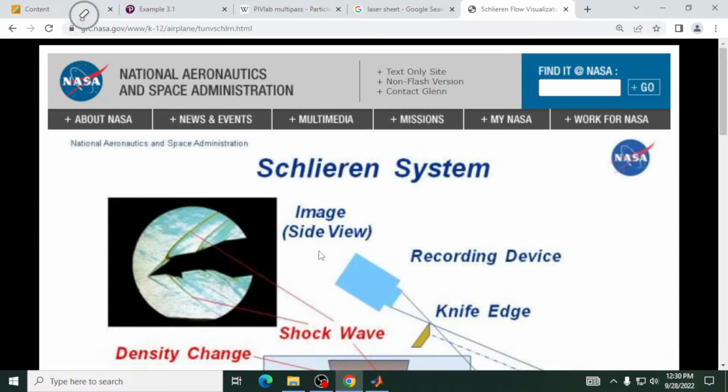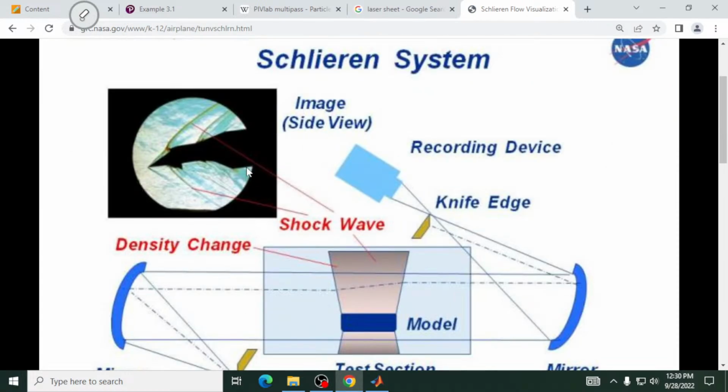There's a Schlieren, which is basically like the heat shimmering on the top of your car in the middle of the summer. If it's all uniform temperature, you don't see it. But if you see a hot source and a cold source, you'll see this shimmering effect.